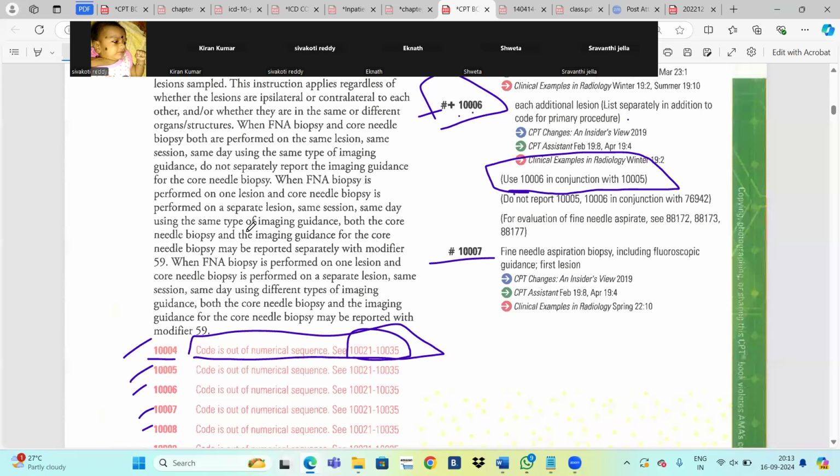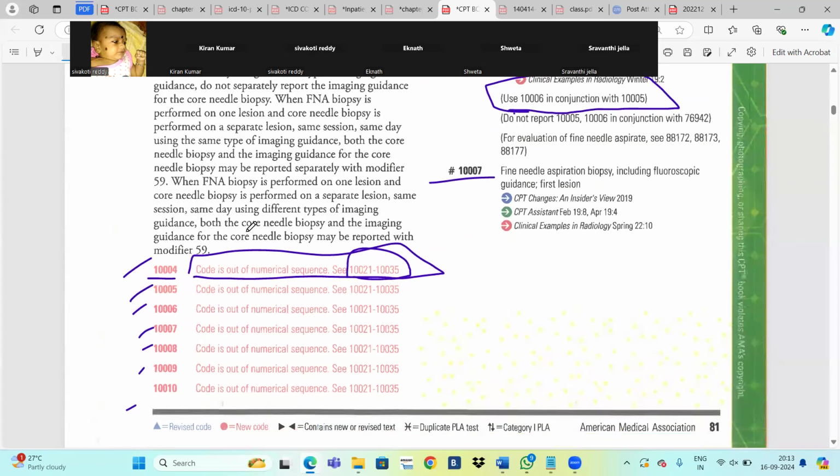If any code misses the sequence, you will get this hash symbol, and where you will find the code, they will give it like this, in red color. In that range you will find it. Clear?